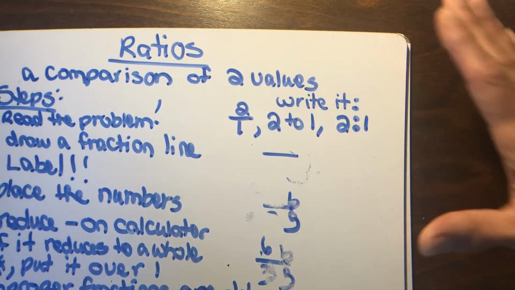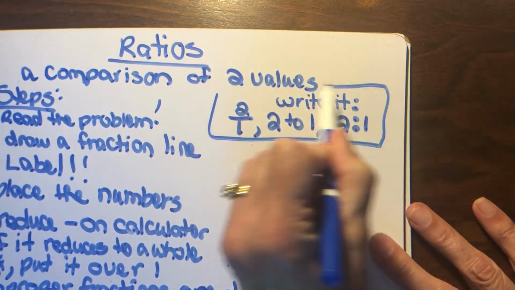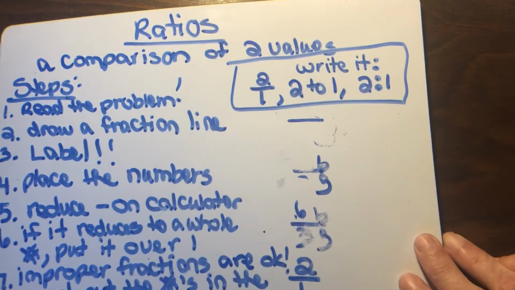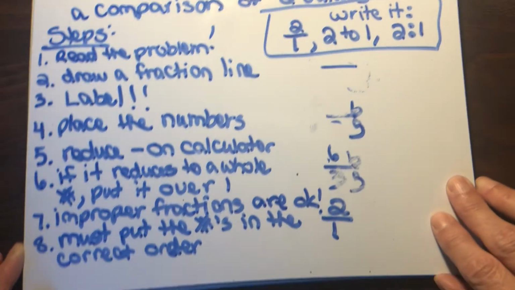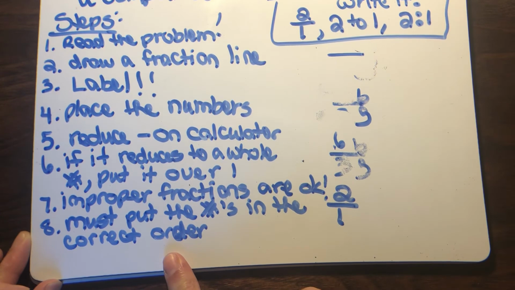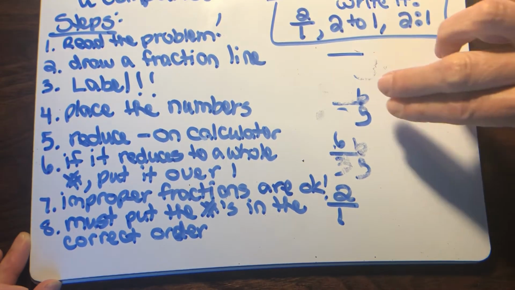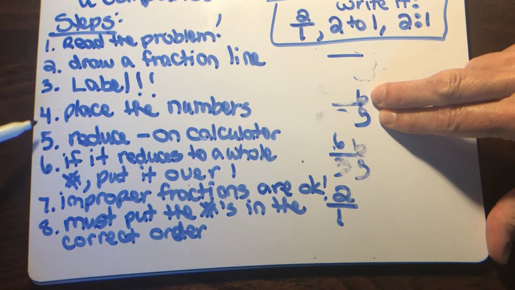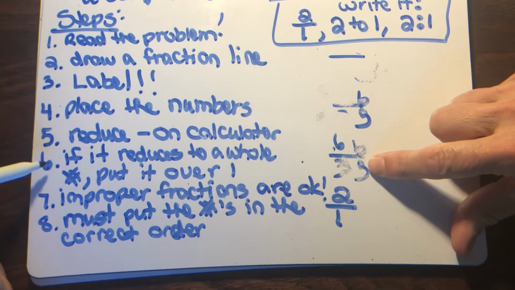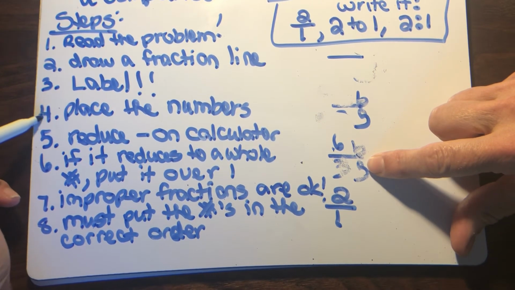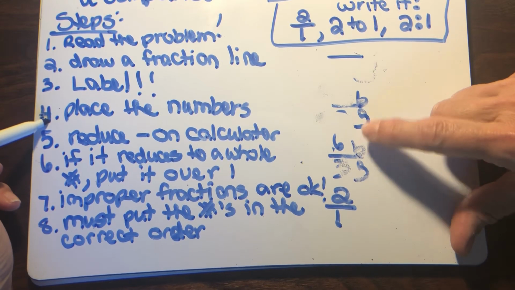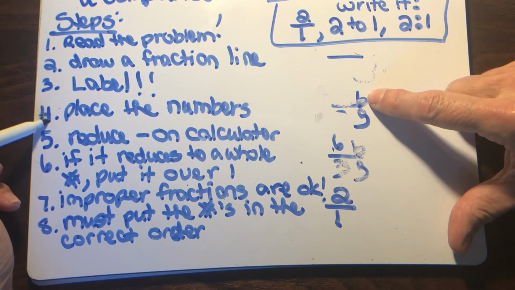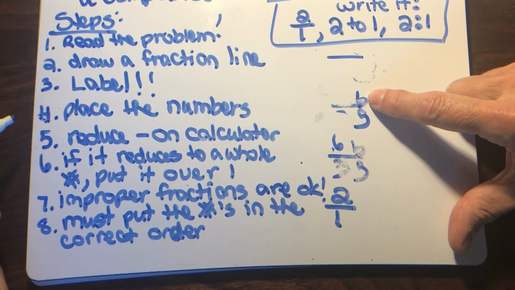They all read the same way, but you can write it 3 different ways. The key here is that you must put it in the correct order. So you've got to read the problem and you've got to label. Notice that the numbers do not even come into play until number 4 on your steps. So don't write the numbers first. Get yourself set up and labeled, and then they're super, super easy problems.